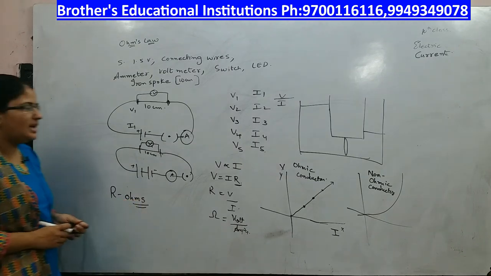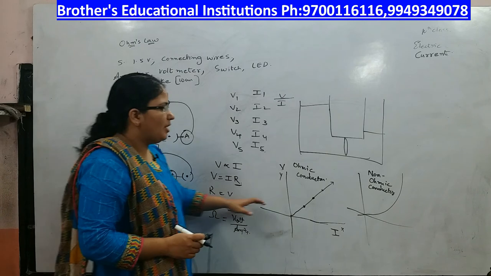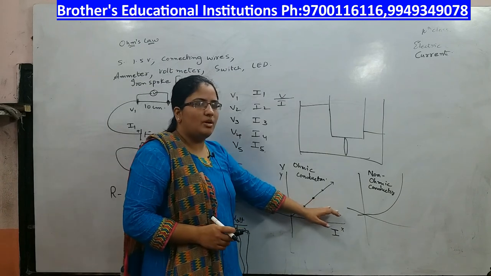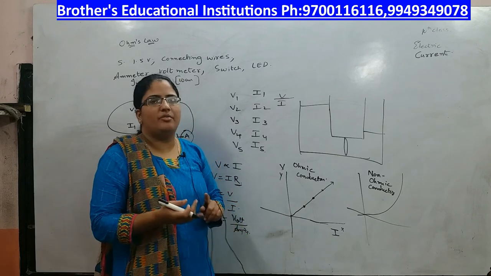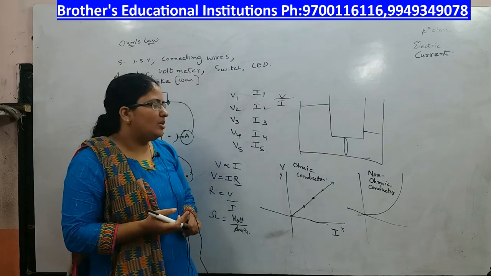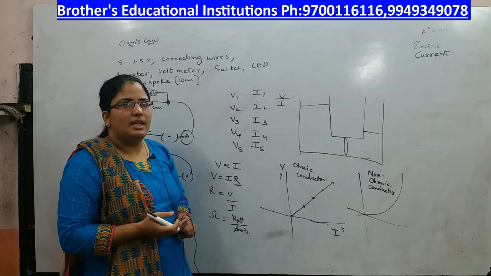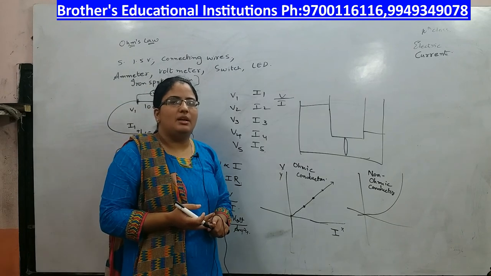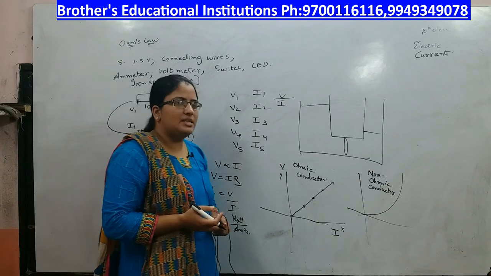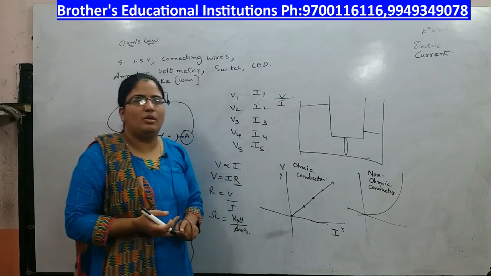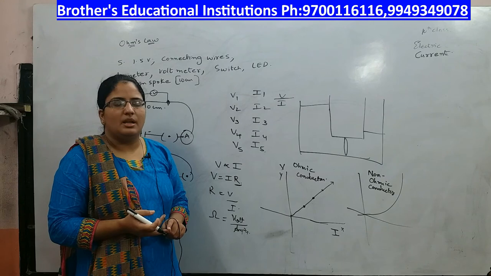Here you have observed that some materials obey Ohm's law, some materials do not. Ohm's law is not true for semiconductors, it doesn't hold good for gases, it holds good only for metals provided the temperature and other physical conditions are the same. If the temperature changes, Ohm's law will not hold good even for metals.